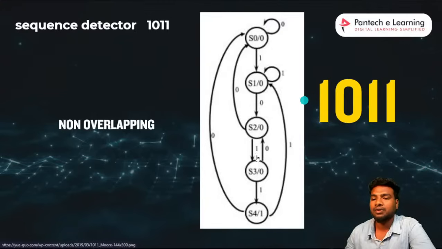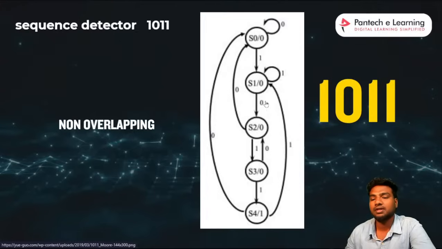Why? Because in the Moore logic, the output will be obtained at the state only. So in each and every state I will get my output. But in the Mealy logic, the output is obtained by the transition of the states.